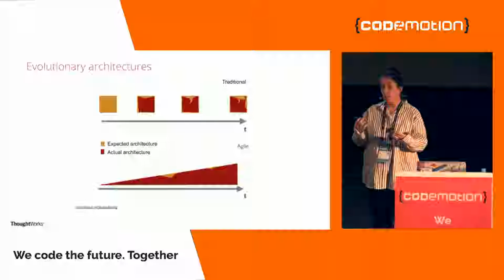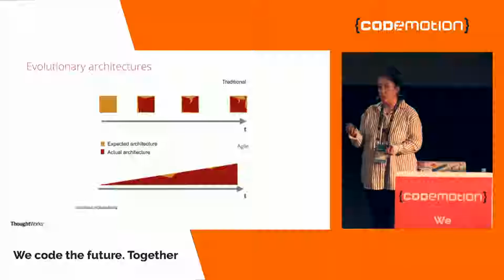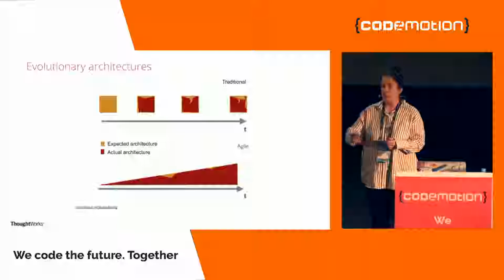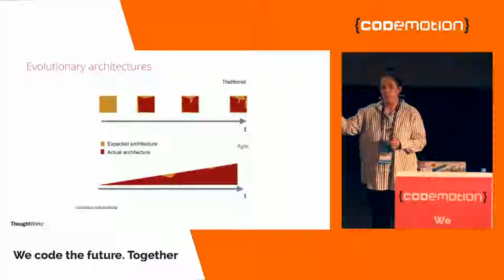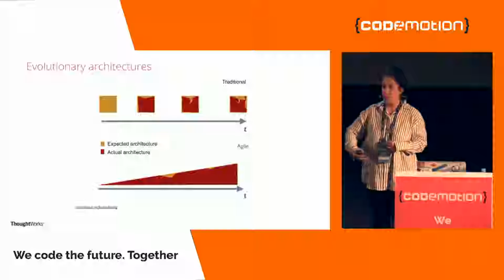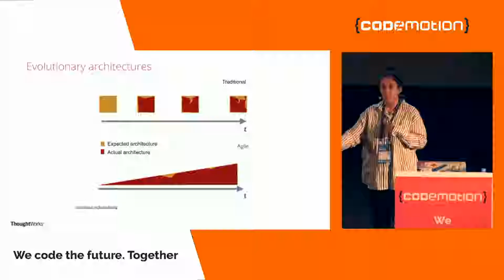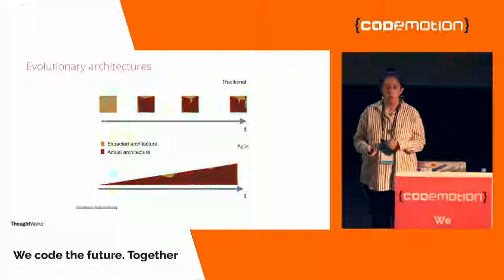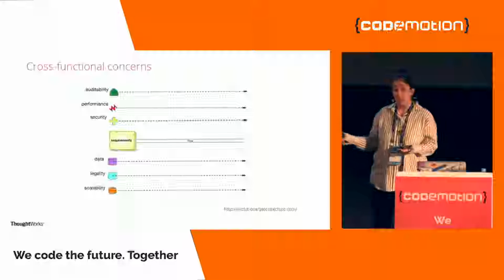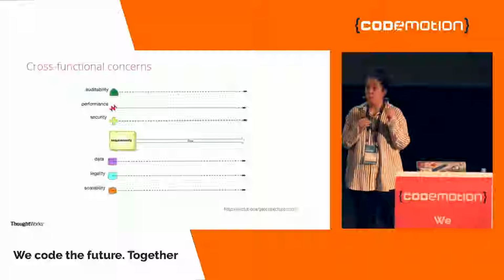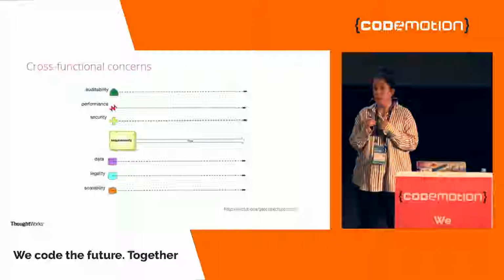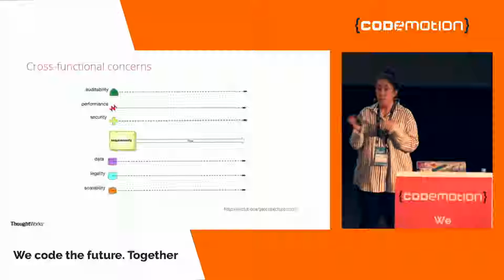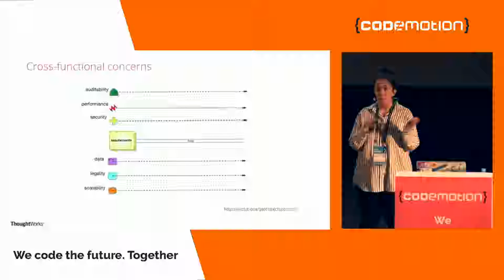In software, we talk a lot about evolution and how we can design and look at architecture that will help us evolve, so that we can embrace change instead of being very rigid. That's very important for us. We also talk about cross-functional requirements, as I said before. What are the other things that are going to help us pivot or move from one direction to the other?